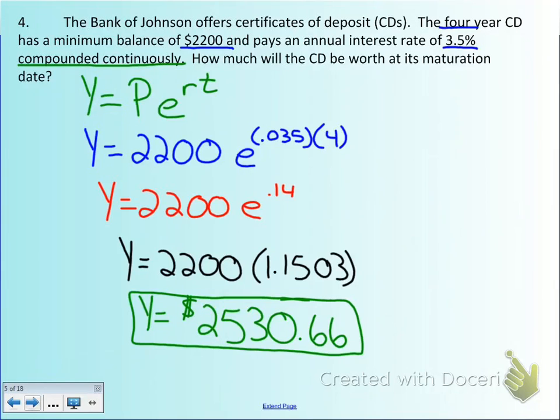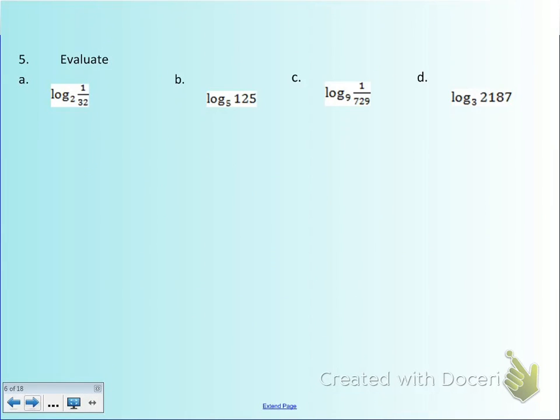Then we plug in our calculator e to the 0.14 power. So here in black, we have 1.1503 as our decimal. We're multiplying that times our original amount that we put into the CD, which was $2,200, and you should get the answer of $2,530.66.